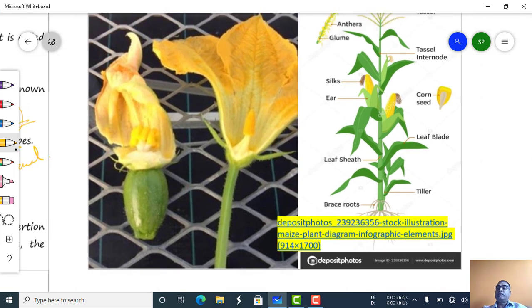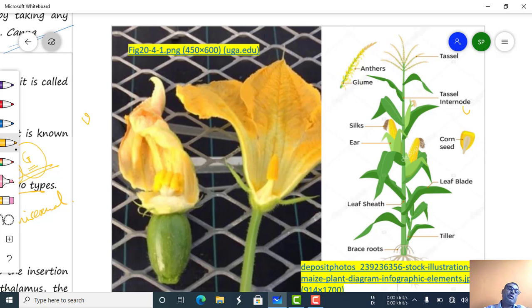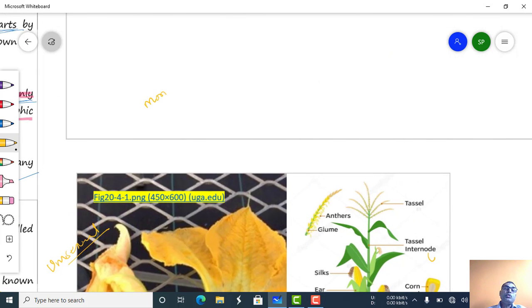So unisexual flowers may form two types of plant. The first one is the monoecious type of plant, or the plant may be dioecious. What is monoecious? Mono means two in one, okay, and dioecious, completely separate. These terms are somewhat different.